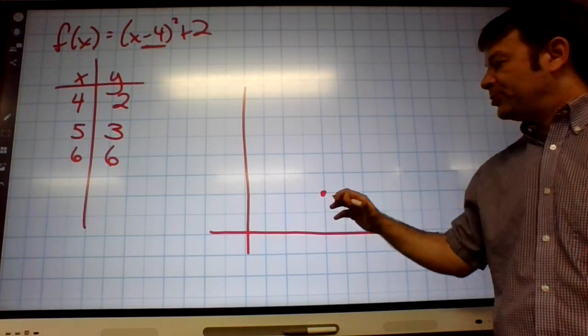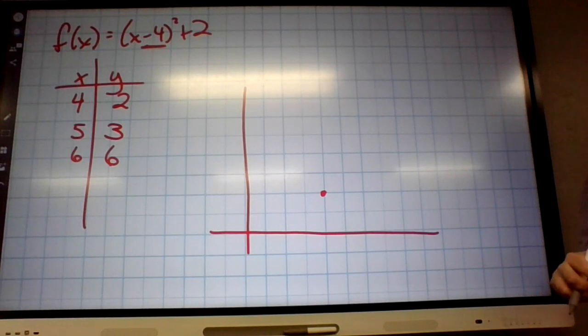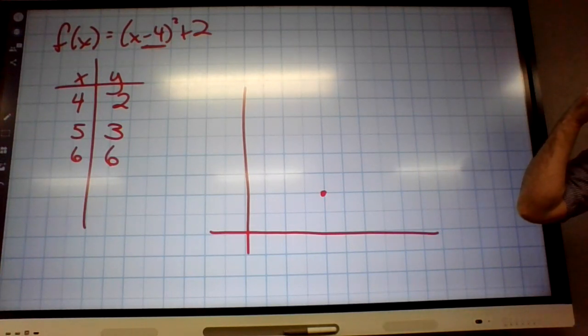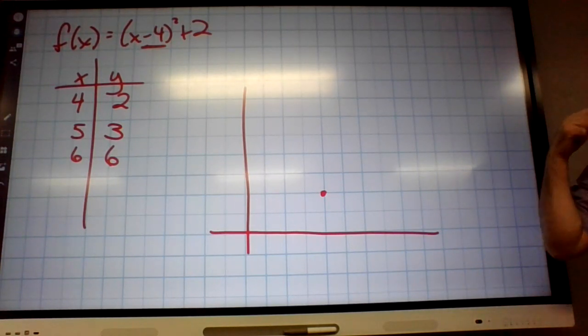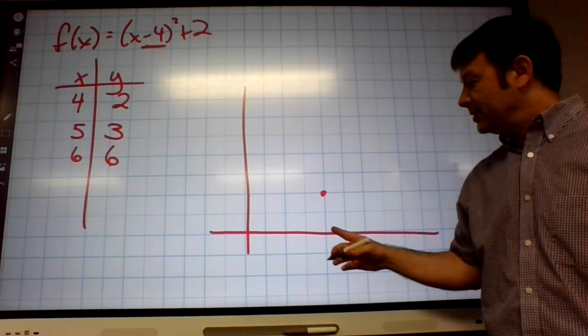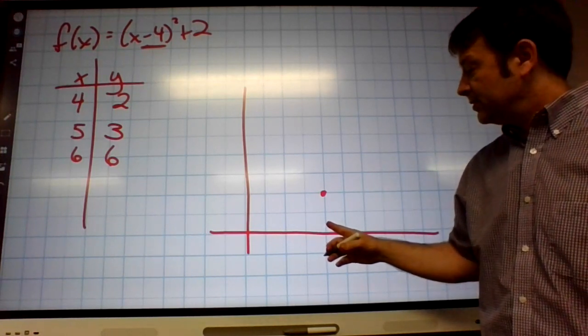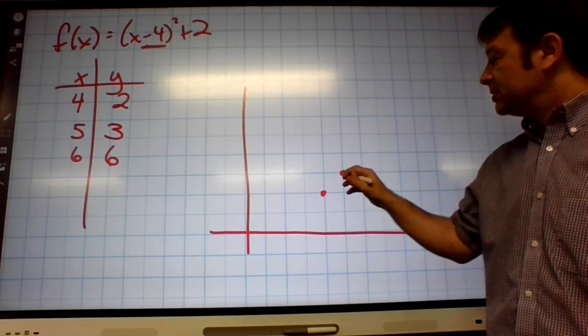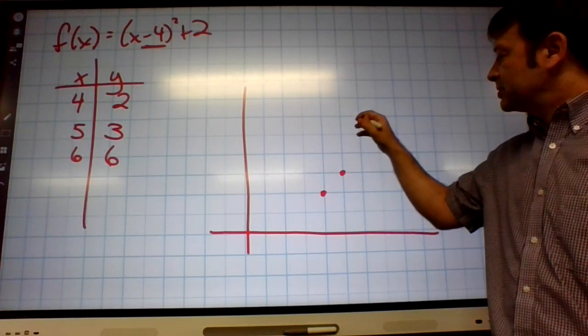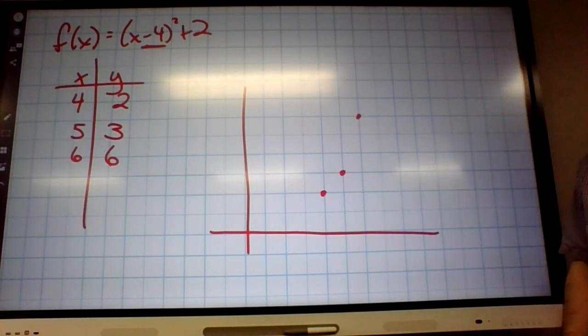Okay, the first point, (4, 2), is the vertex. It's kind of important that you recognize that. And then, let's see, (5, 3), (6, 6). Okay, and now, how am I going to finish this?